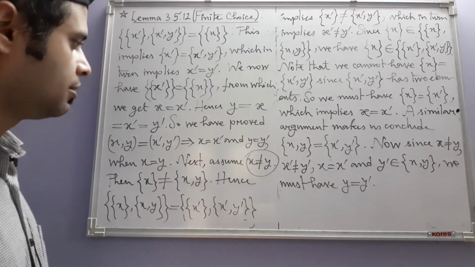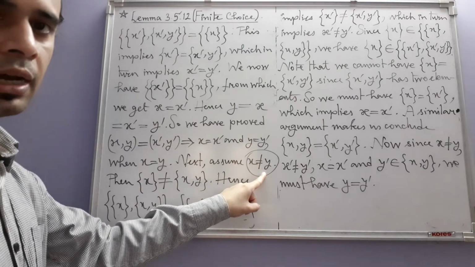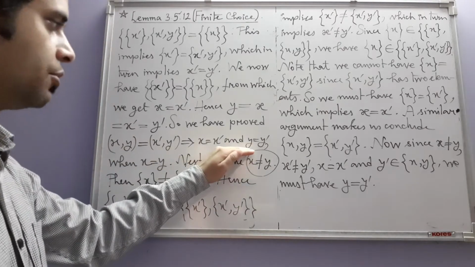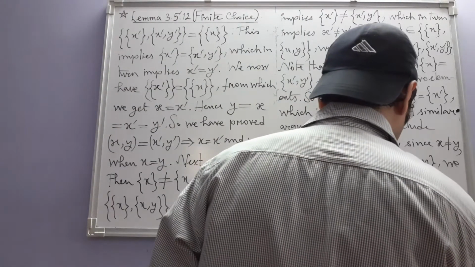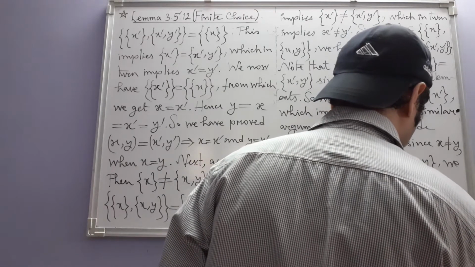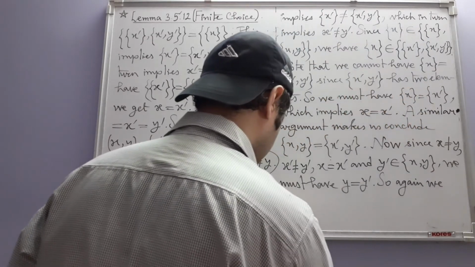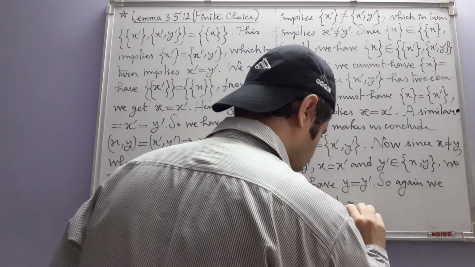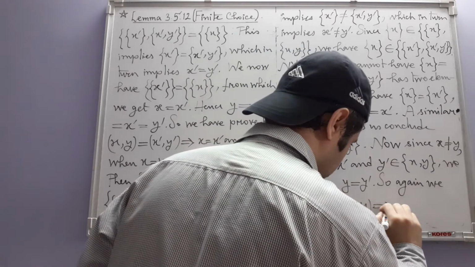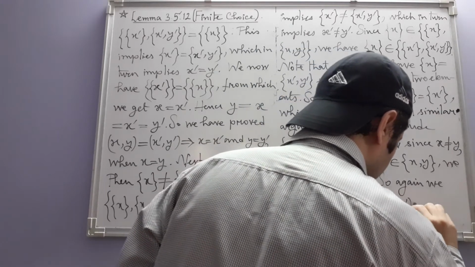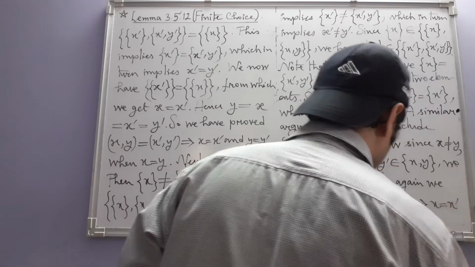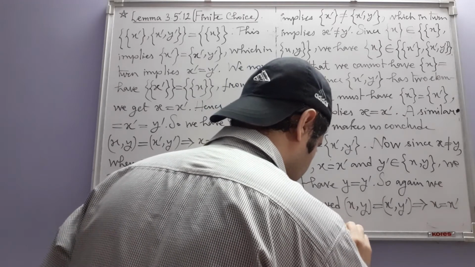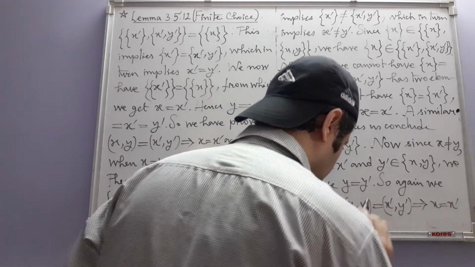So again, in this case also, where we have x not equal to y, we have proved this. So again we have proved that this implies x is equal to x prime and y is equal to y prime if x is not equal to y.